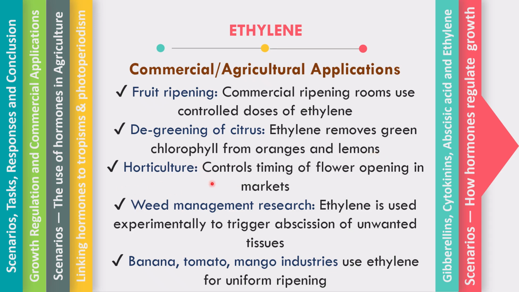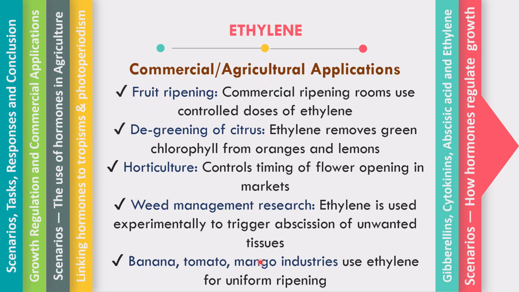In horticulture, it controls timing of flower opening in markets. In weed management research, ethylene is used experimentally to trigger abscission of unwanted tissues.